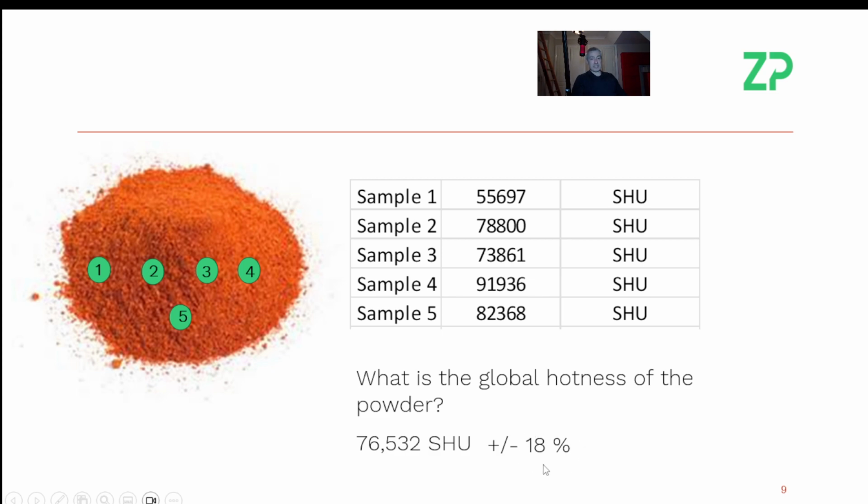That plus or minus 18% is plus or minus relative standard deviation, but I haven't defined relative standard deviation. What it means is, if somebody was to ask you, what's the hotness of this powder, you would say 76,532 Scoville units, and I have a certainty of plus or minus 18%. And for them, that's actually quite acceptable because they understand the heterogeneity of what they're trying to measure.